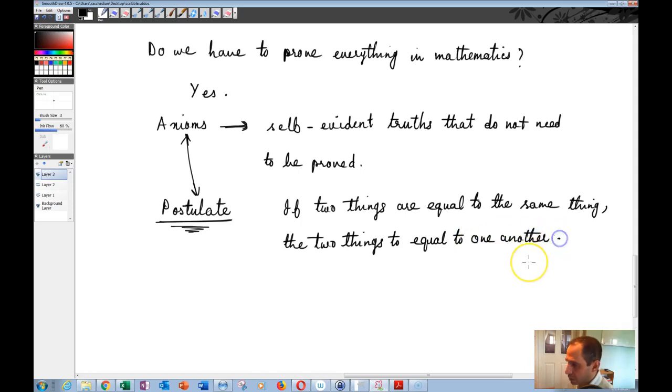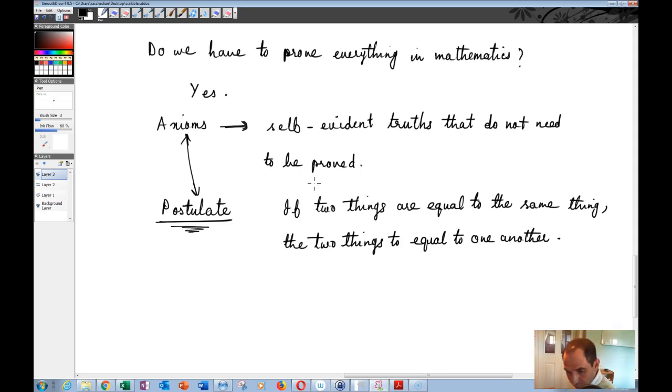So that's, for example, one of those things that Euclid has taken for granted. He has never proved this, and he has taken the truth of this statement for granted. And of course this is something that everybody intuitively knows.